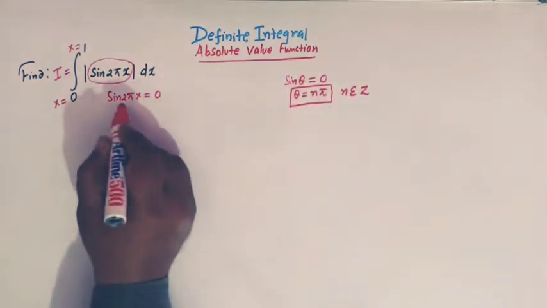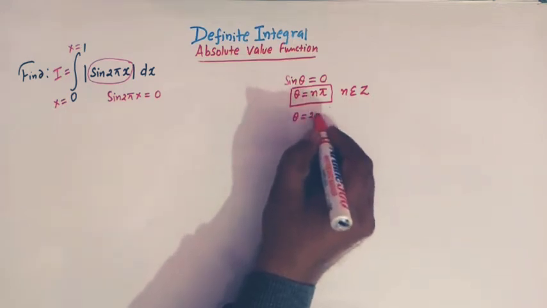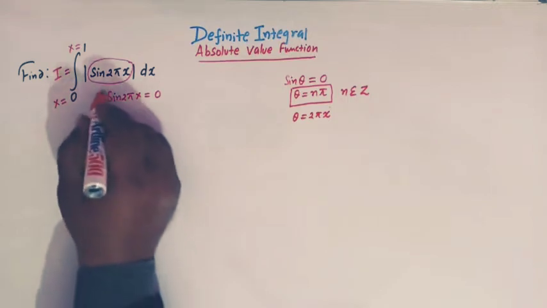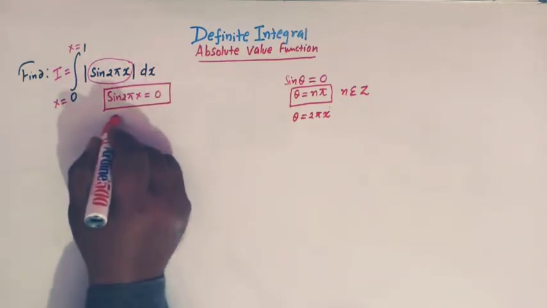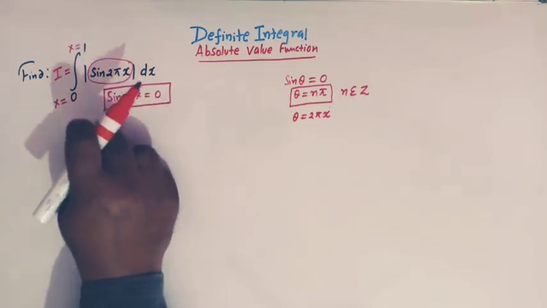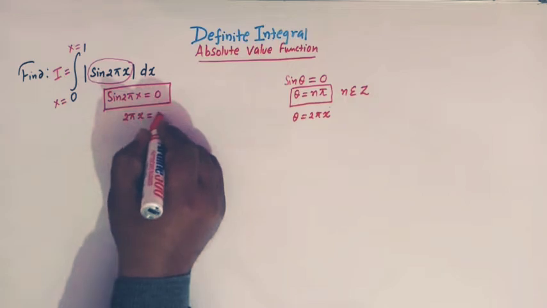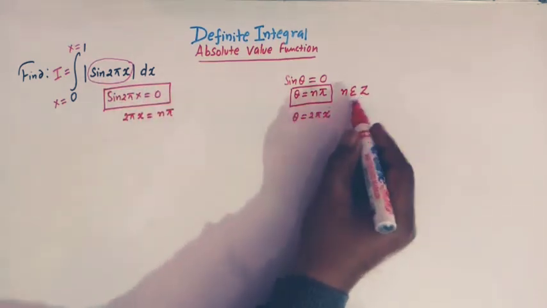So here for theta we have 2 pi x, so we can write 2 pi x is equal to n pi, where n is an integer.